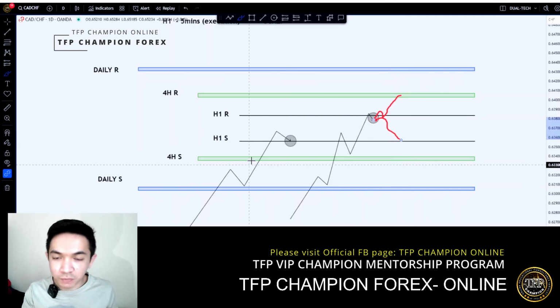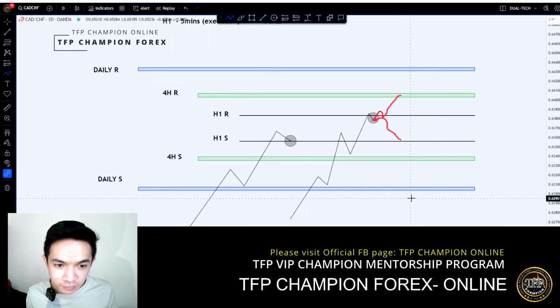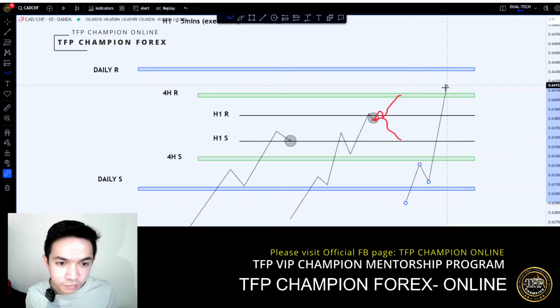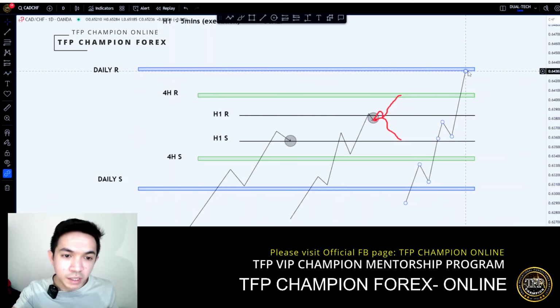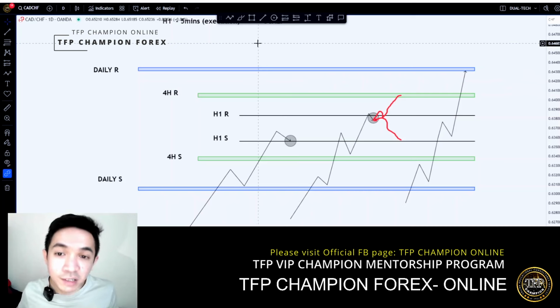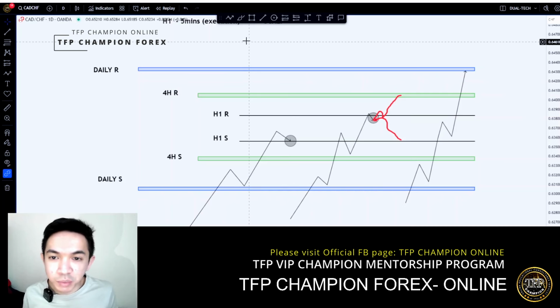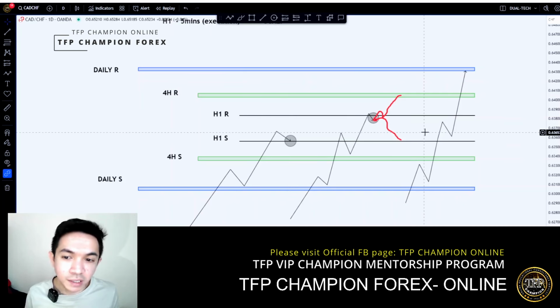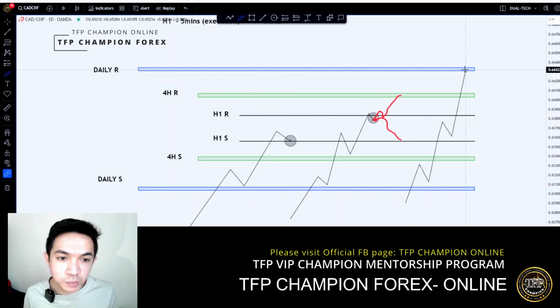So, again, if naman long-term tayo, sabi nga natin, if the market, for example, is here, at some point, ibig sabihin, market now is currently on a daily resistance. Okay? So, which means, may possibility na ang market is pumunta ulit sa daily support.